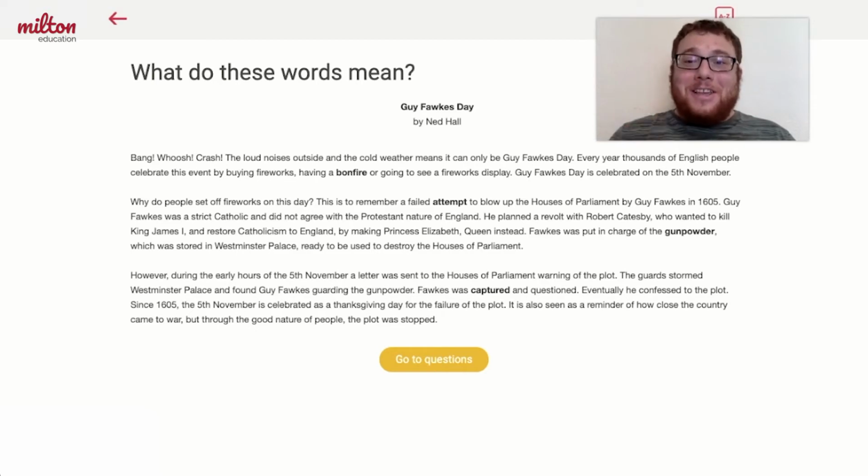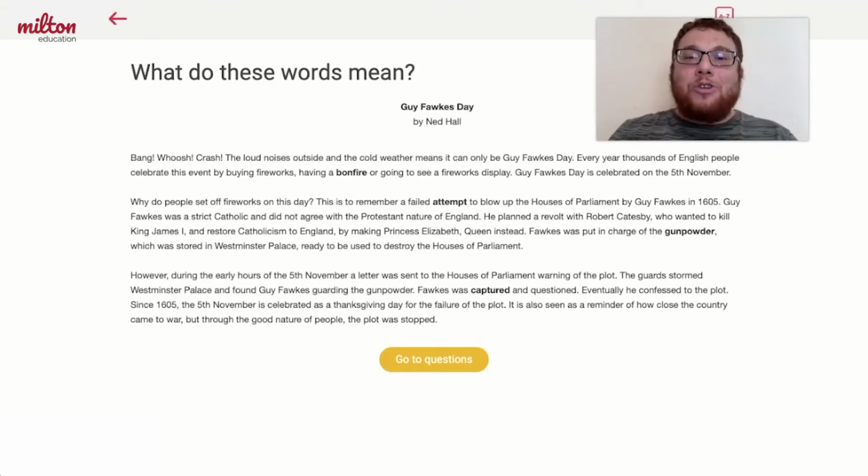The first thing you can do to understand an unfamiliar word is to imagine that you erase the word from the sentence, read the sentence again, and see if you understand it. For example, let's imagine that the word weather is unfamiliar. Let's read the sentence without the word weather and see if we can understand it.